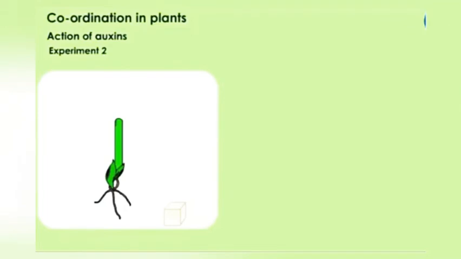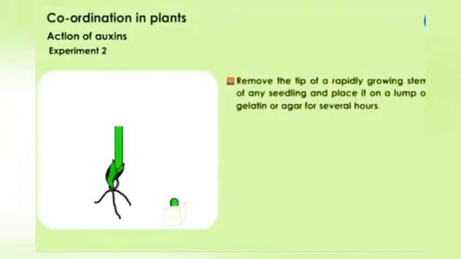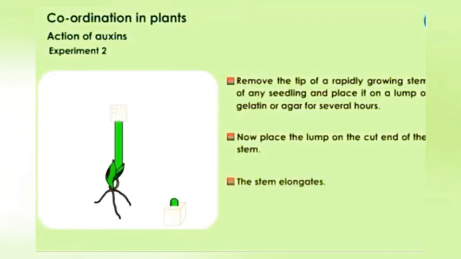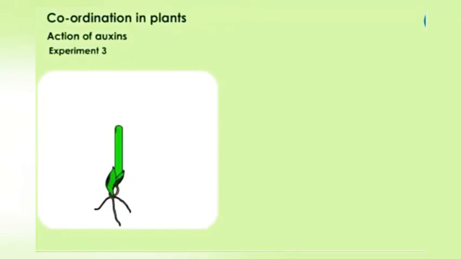Experiment 2. Remove the tip of a rapidly growing stem of any seedling and place it on a lump of gelatin or agar for several hours. Now place the lump on the cut end of the stem. The stem elongates.